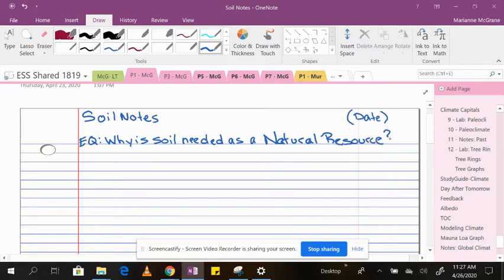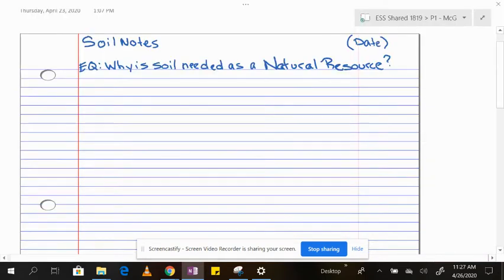Okay. So that is something that we're going to be thinking about as we are going through these notes. Keep that in your head. Why is soil needed as a natural resource? What is soil providing to us? Why is it an essential natural resource? Okay, so these are the things that we are going to be walking through.